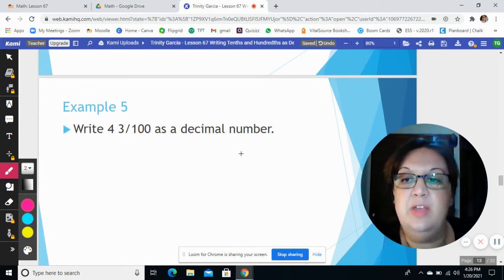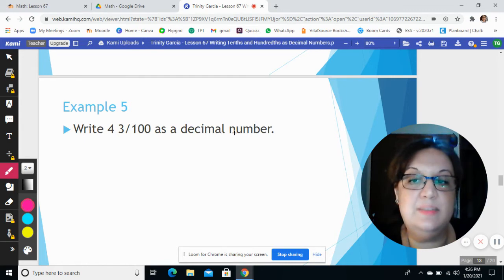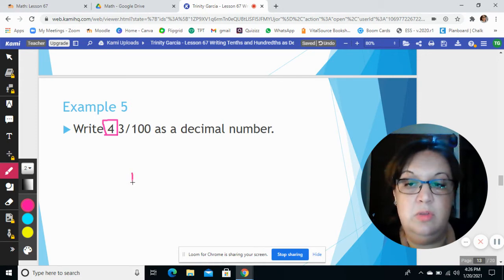Example 5. Write 4 and 3/100ths as a decimal number. Okay, now 4 is part of a mixed number, right? It is also our whole number. So our whole number always goes to the left of our decimal point.